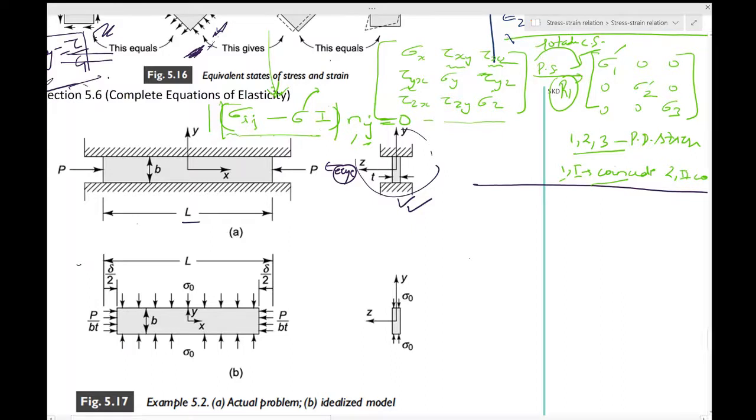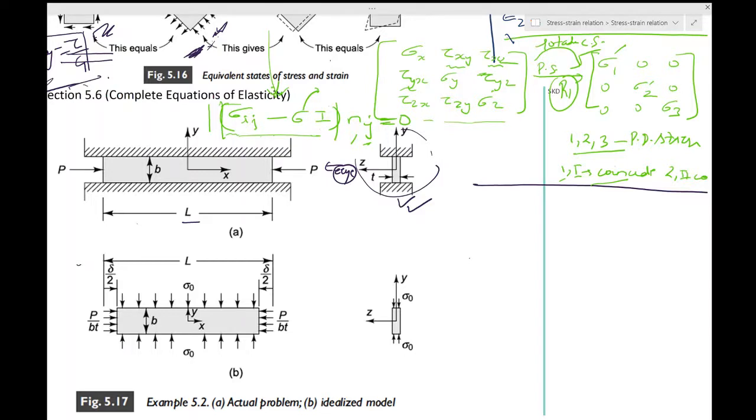We want to find the deflection of the plate parallel to the force P. So the objective is to find the deflection in this direction, along the force P. Let's see how we proceed to solve this problem.